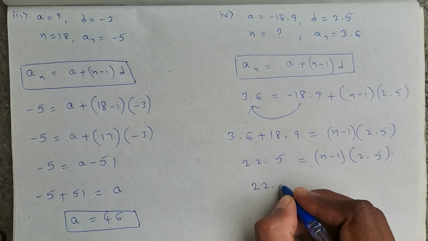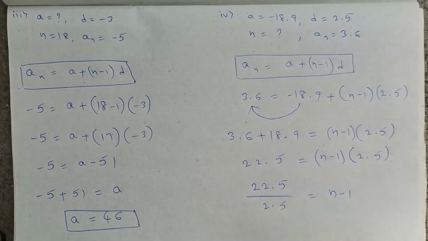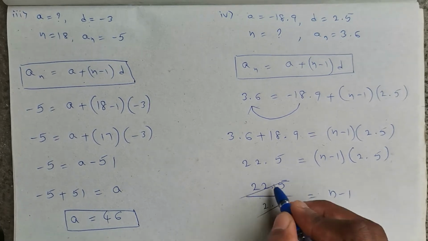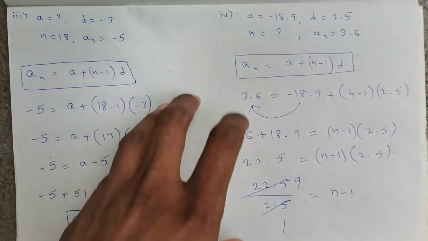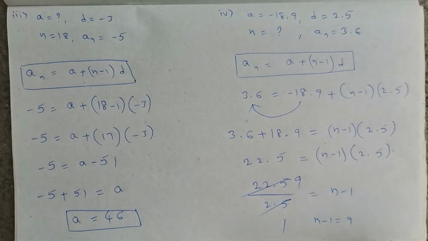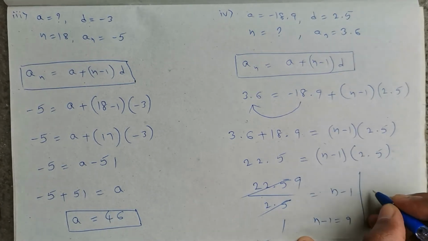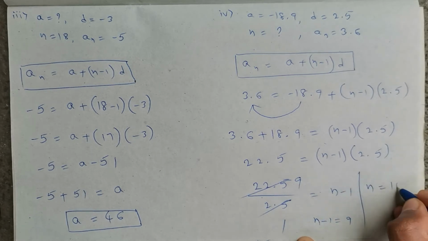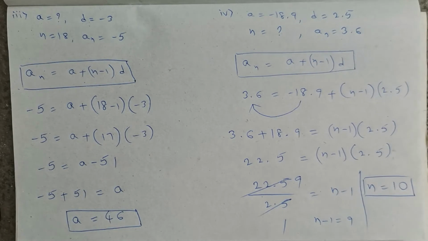So we get 22.5 divided by 2.5 equals n minus 1. 2.5 ones are 2.5, 2.5 nines are 22.5. So n minus 1 equals 9. This minus 1 if we take to the right side, it will become plus 1. So n equals 9 plus 1, that is nothing but 10.